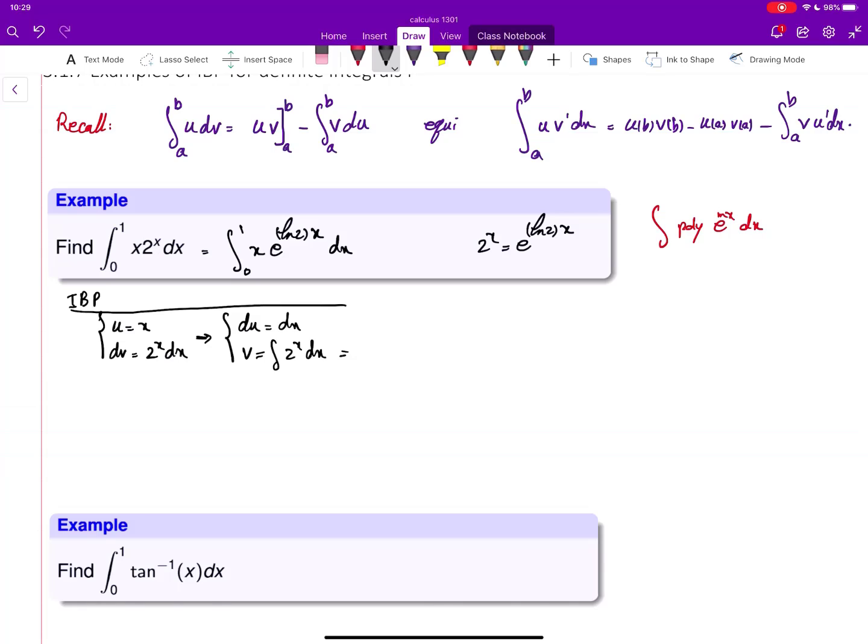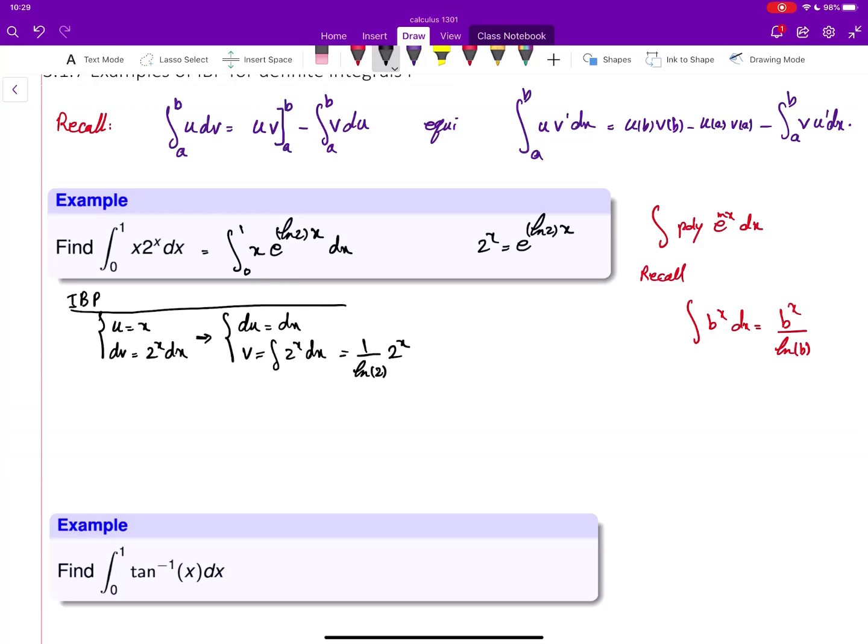Remember that, in general, the integral of b to the power x dx is b to the power x divided by ln of b. So in this case, I have 1 over ln 2 times 2 to the power x.